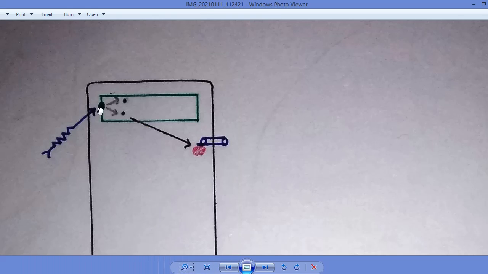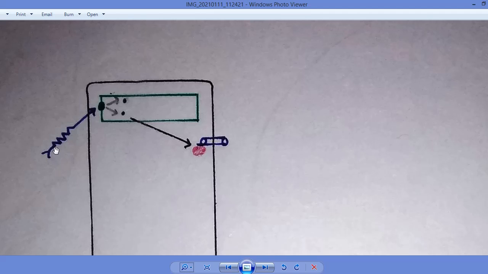When the light falls on this rhodopsin, the cis-retinal of the rhodopsin is converted into trans-retinal. When the cis form of the retinal is converted into trans-retinal, the opsin is separated from this retinal.